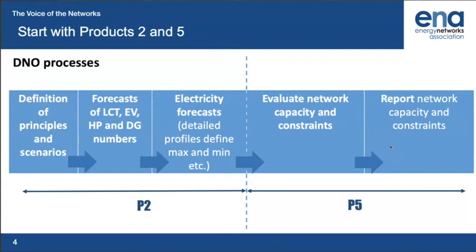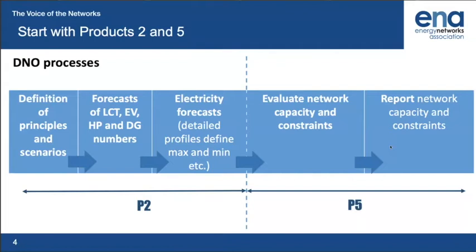The other part of the FES is to take those forecasts of the different elements and turn them into an electricity forecast, which means thinking about at what times those particular elements are likely to be active, and how much electricity they are likely to require. So that's what's in product 2.